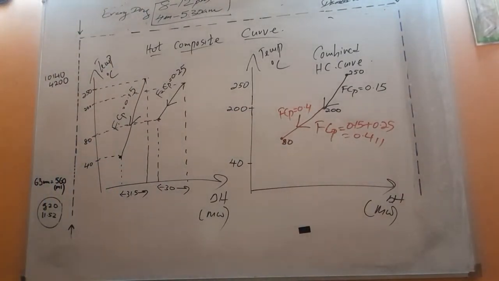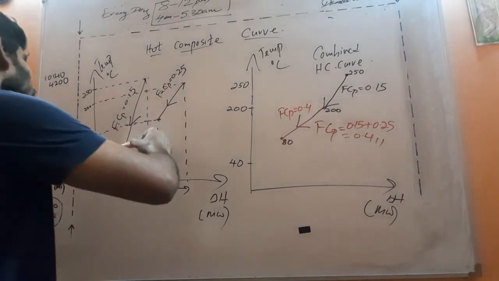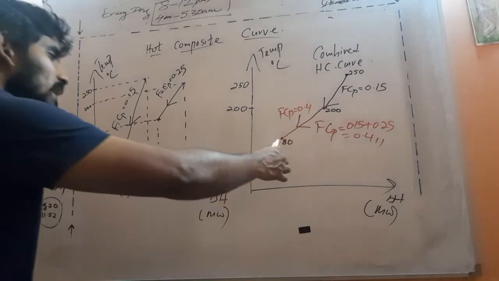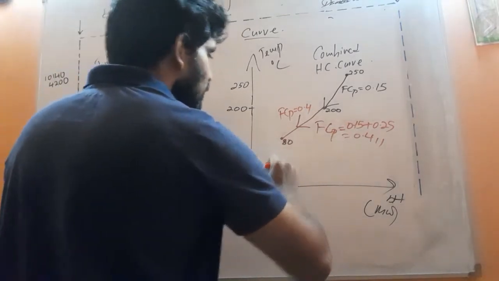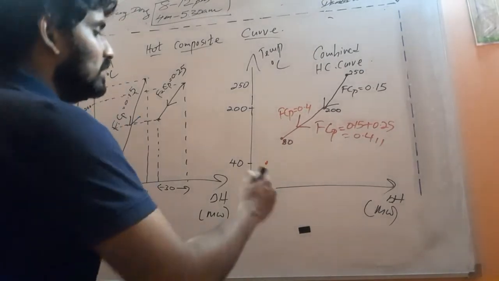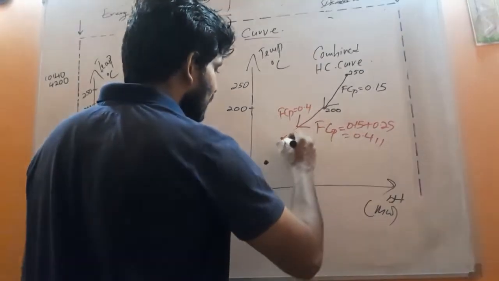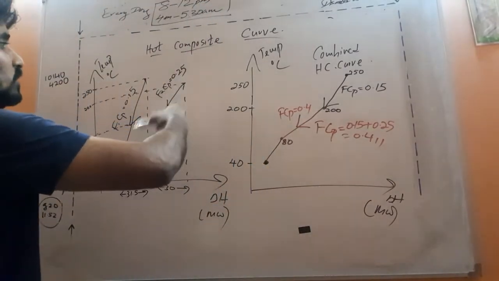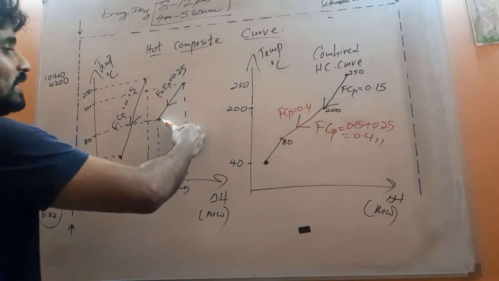So now you have to travel from 80 to 40. So what is the only supportive line or the curve that you can use in order to travel from 80 to 40? We have only one curve that supports the motion of 80 to 40, because you cannot use this line, because this line is only for 200 to 80.